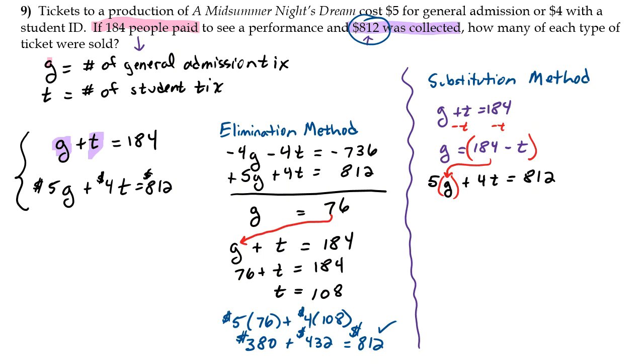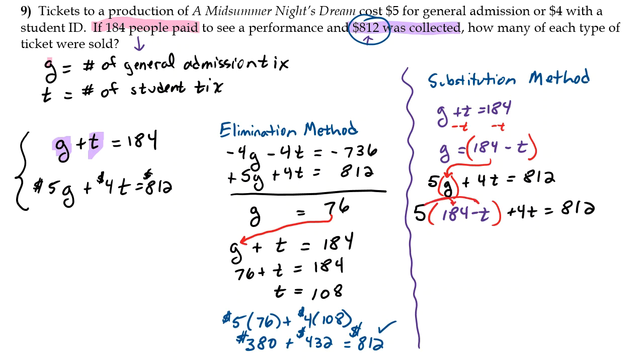That's the substitution because it's the same as g. 184 minus t is how we would find g. All right, so I'm going to leave that space there. Plus 4t equals 812, and I'm going to substitute in 184 minus t.